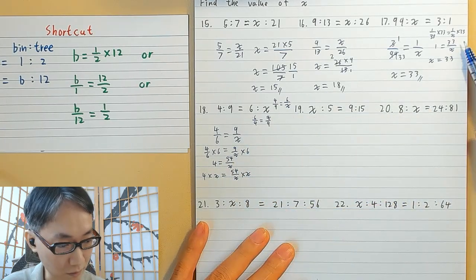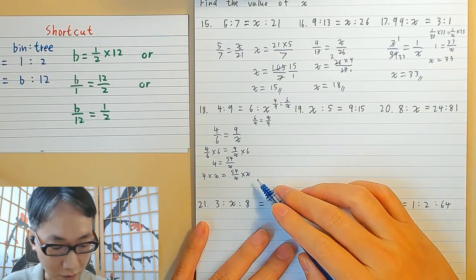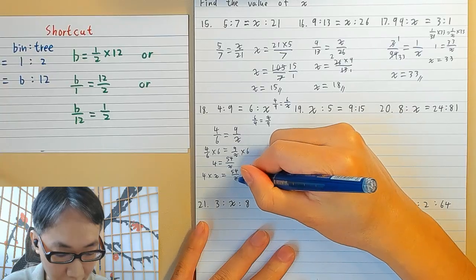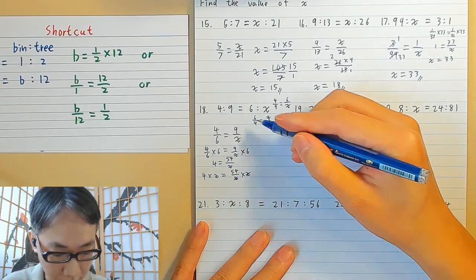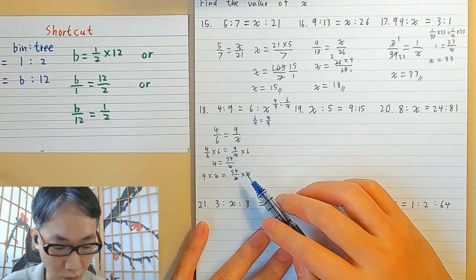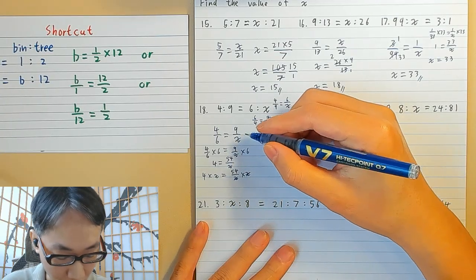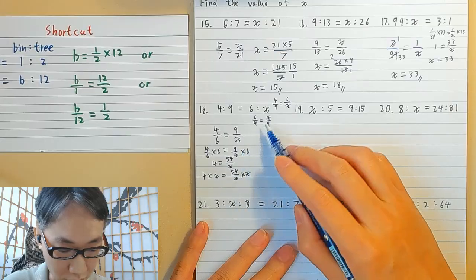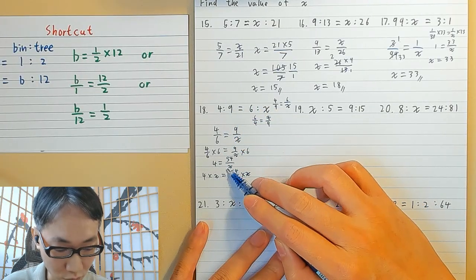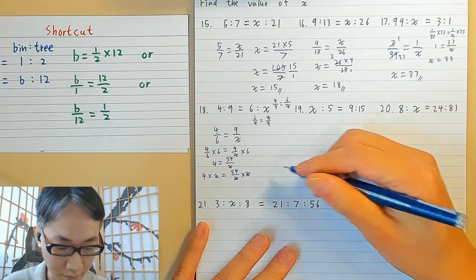I skip one step here. So then these two x's cancel, because x cannot be 0. It's in a ratio, so x will not be 0 here.